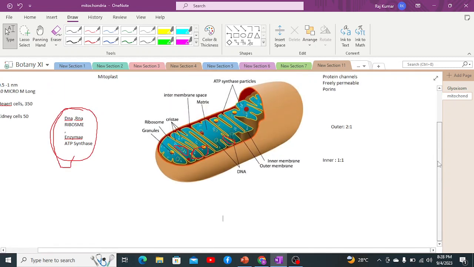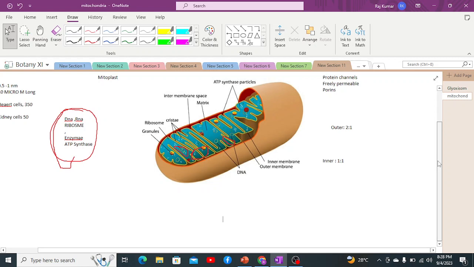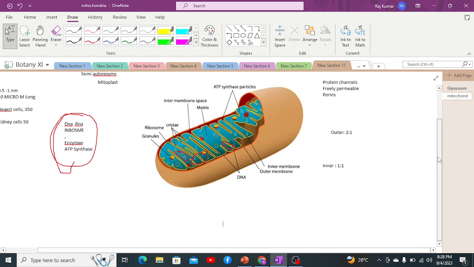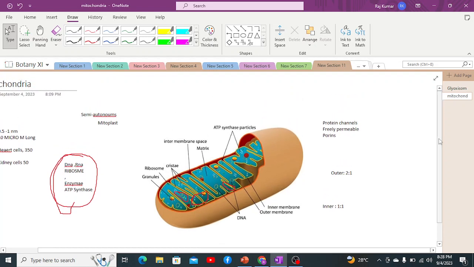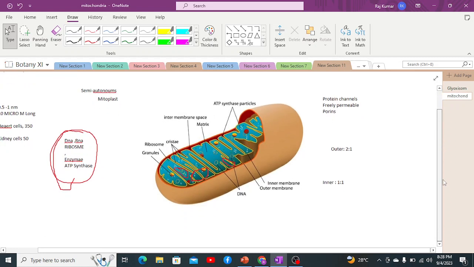Apart from this, this mitochondrial matrix has DNA, which means it is able to self-replicate, and the ribosomes present here produce protein, and this protein is only consumed by the mitochondria. And for what purpose? In the electron transport chain, as we know that there are three stages of aerobic respiration.